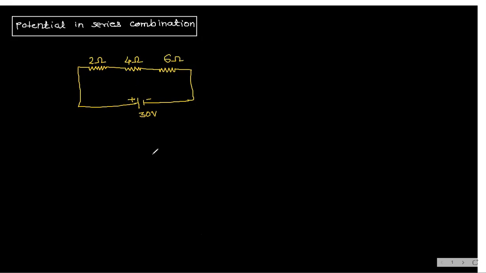Now see, in this circuit, will the current remain the same or get divided? Yes, this is current I, which remains the same. And how to find the current first?